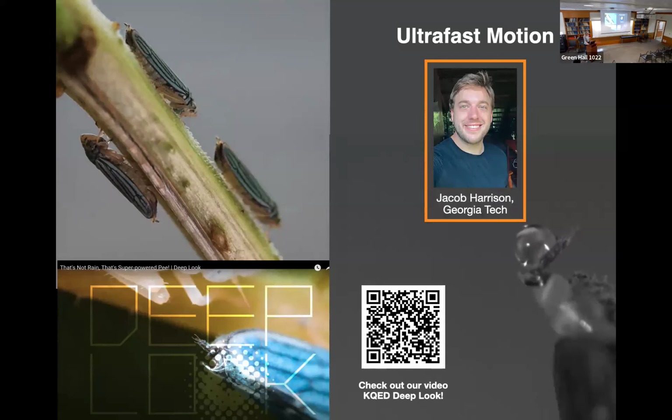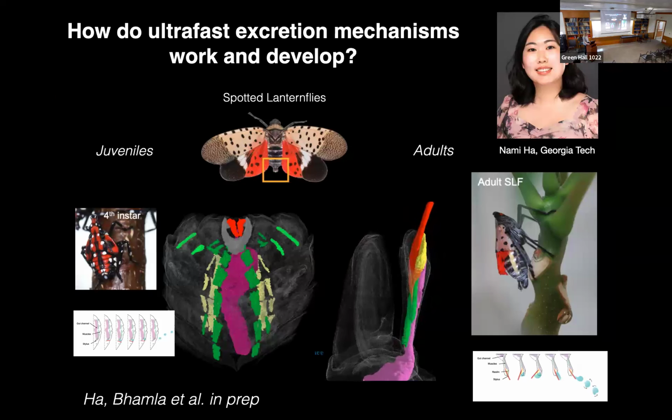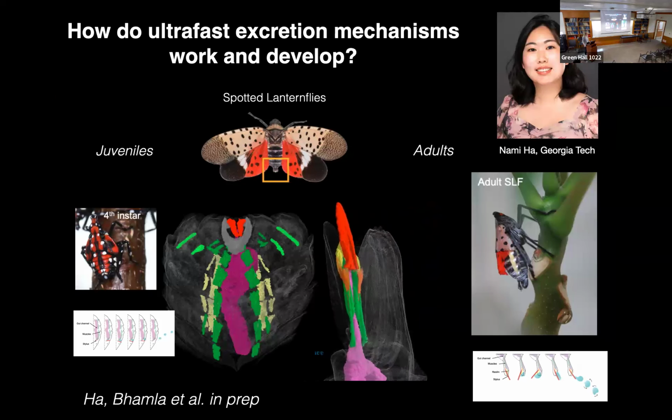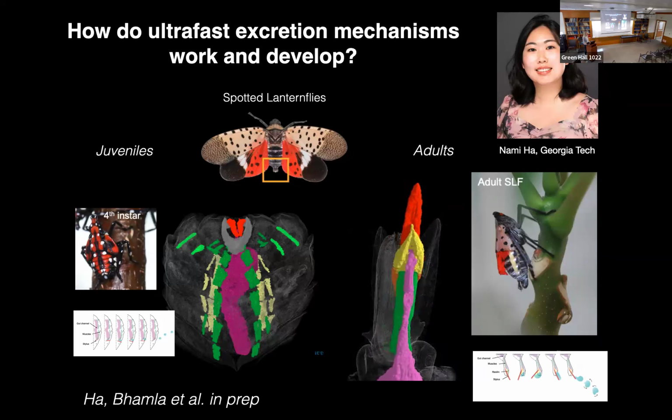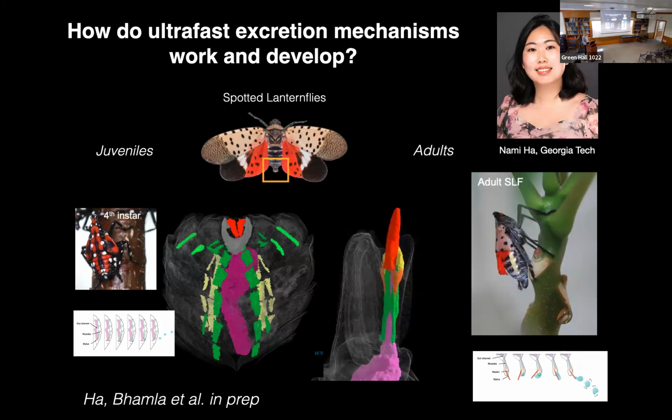It's really fun. There's basically a group of researchers at Georgia Tech studying these mechanisms with the colony of bugs that I was raising at UC Berkeley. My colleague Nami Ha, who's also part of this group, is studying the difference between adult and juvenile excretion mechanisms.